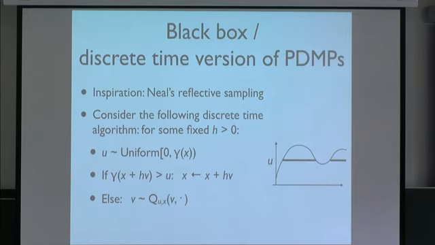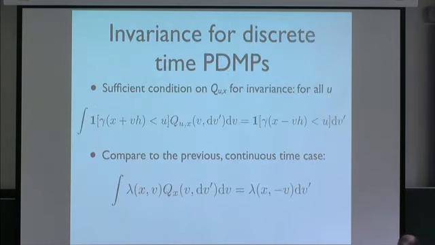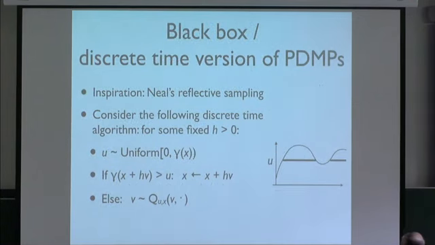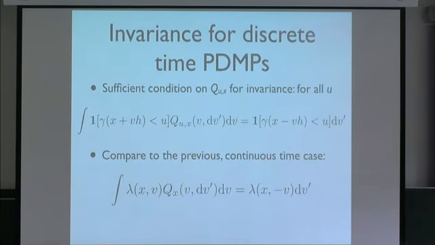Okay, basically Radford Neal's algorithm has some type of bounce here, a deterministic function. We're going to ask, can we have some randomization in that object? Okay, so that's what was interesting to us. And what we found is that yes, you can use something more general also in the discrete setup. And it turns out that the sufficient condition for this bounce in the discrete, black box setting, in order to target the right distribution, is very similar to the skew-symmetric one that I showed for the continuous time.